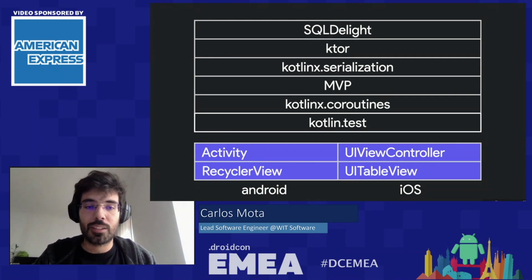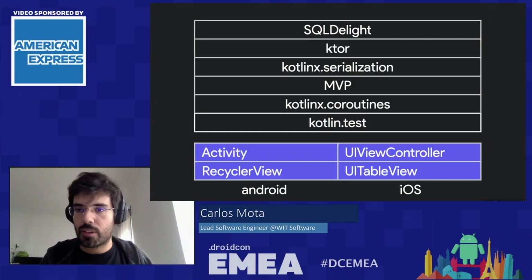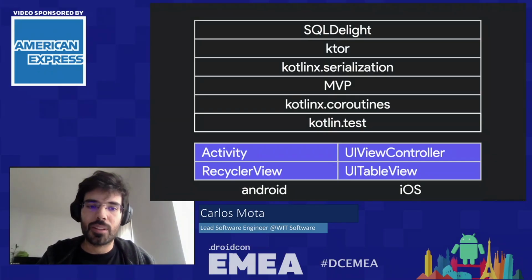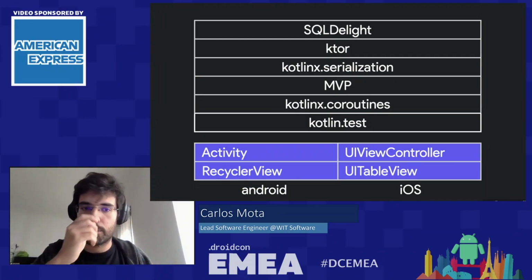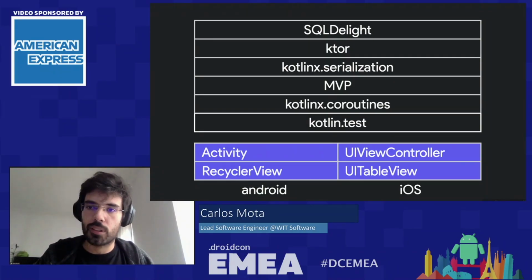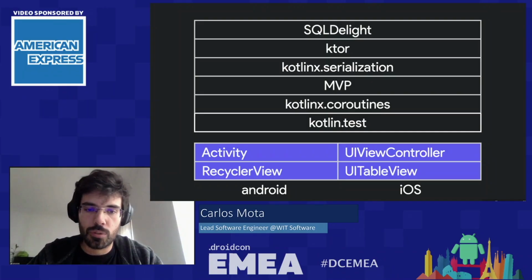We're going to use SQLite for the database, ktor for network access, and serialization for parsing. We're going to build it as an MVP. There are already several examples with MVVM. My choice of MVP was just that I thought it was easier for people to understand, although I'm thinking about creating a codelab focused only on MVVM to show you the different parts.